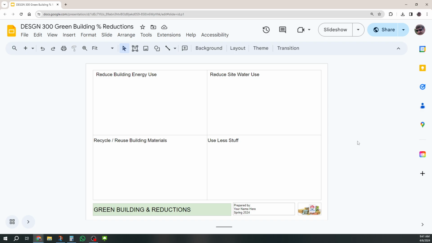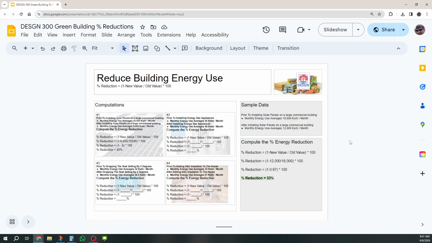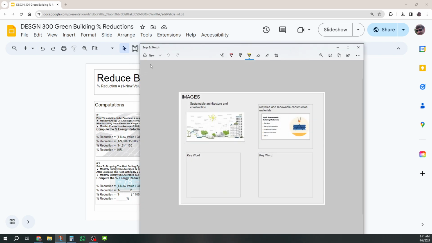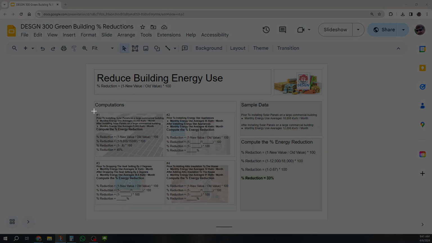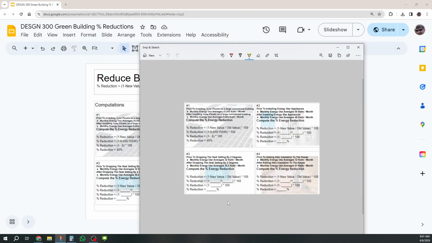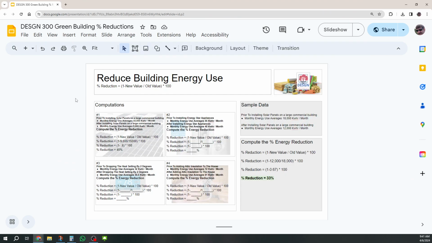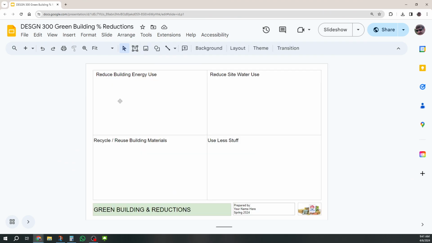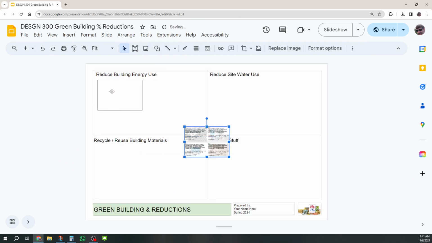Okay, and then I'm going to come back here just like I often do. I'm going to take those computations and do a snip of them, so I can get just the computations themselves. Go put them in up here. Do a nice job.